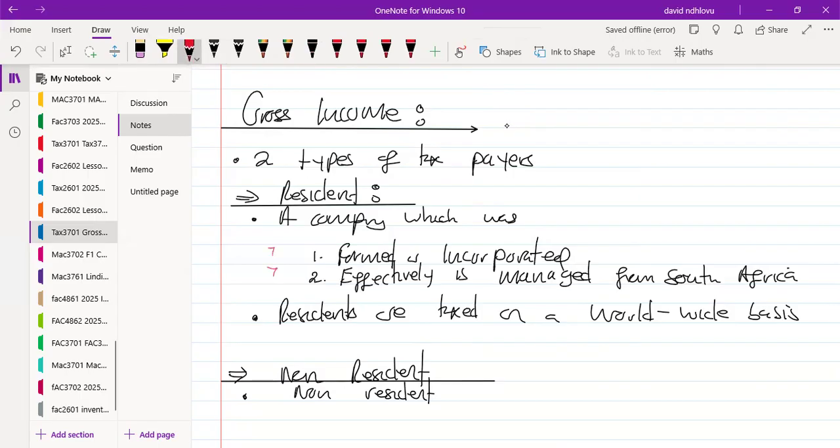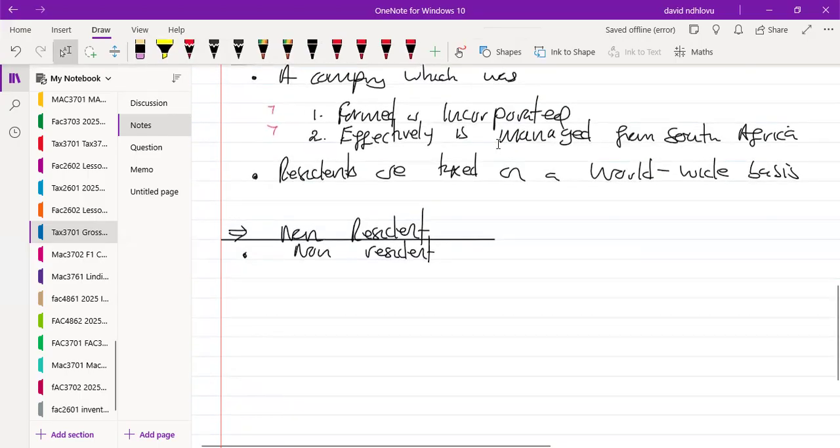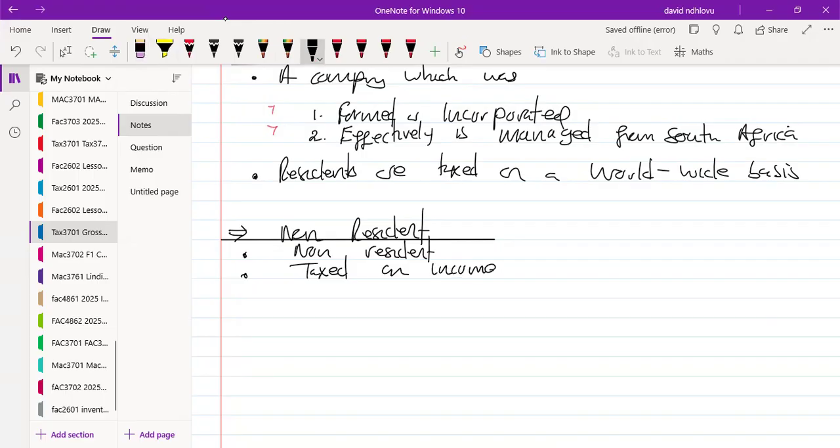It is not effectively managed in South Africa. It's a non-resident. Now, when you deal with non-resident companies, these are taxed only on income sourced in the Republic. These are only taxed on income from sources within South Africa.